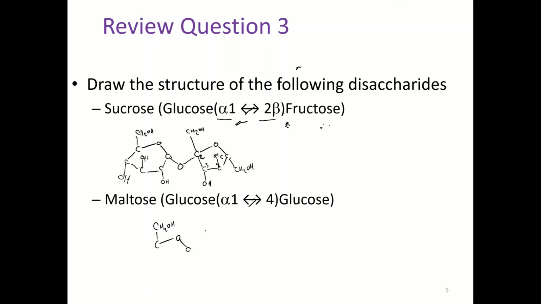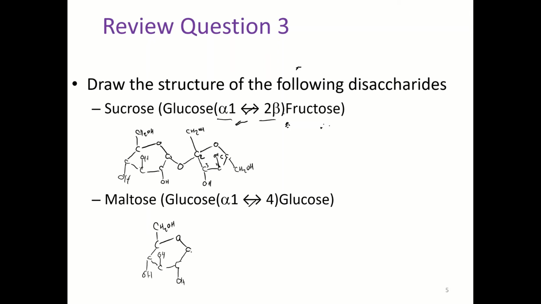And if I could draw this without touching the screen, that would be ideal. Again, we have our down, up, down pattern.